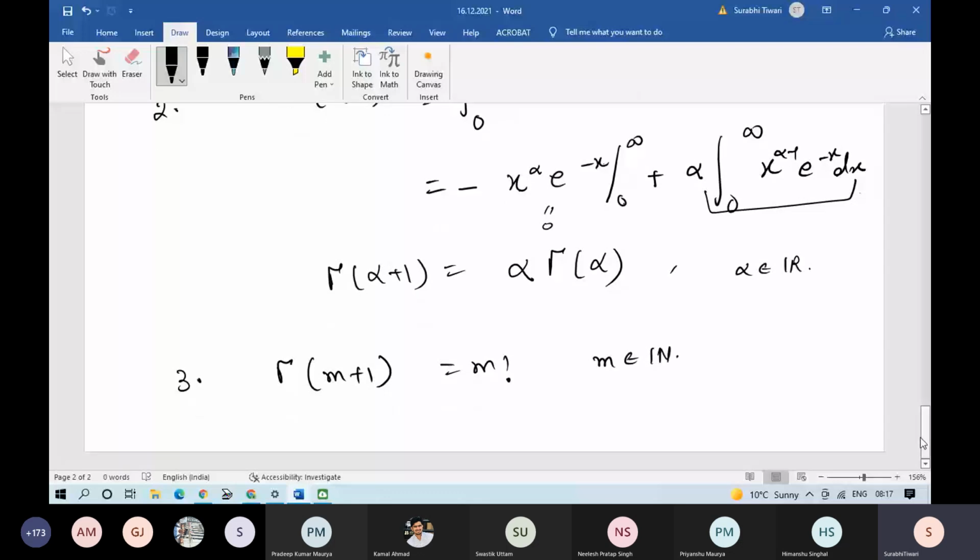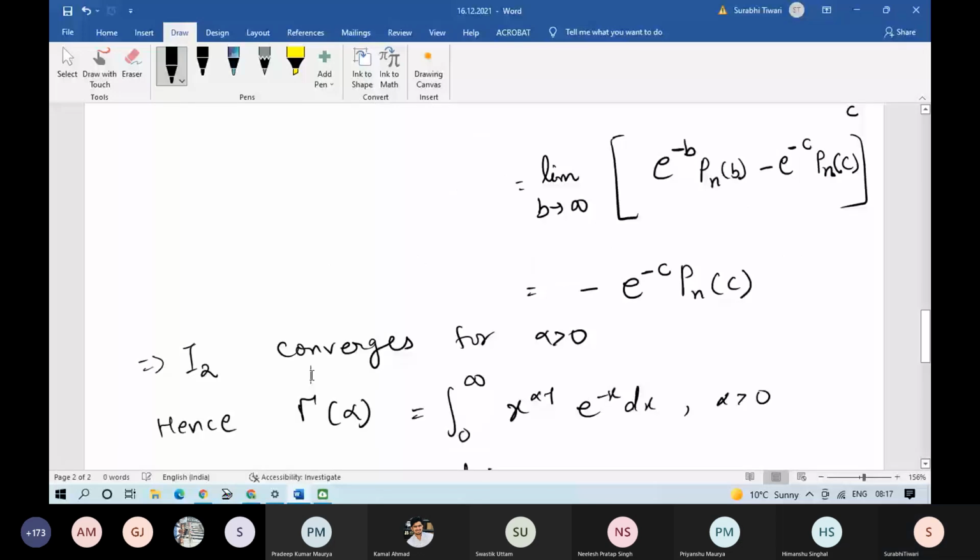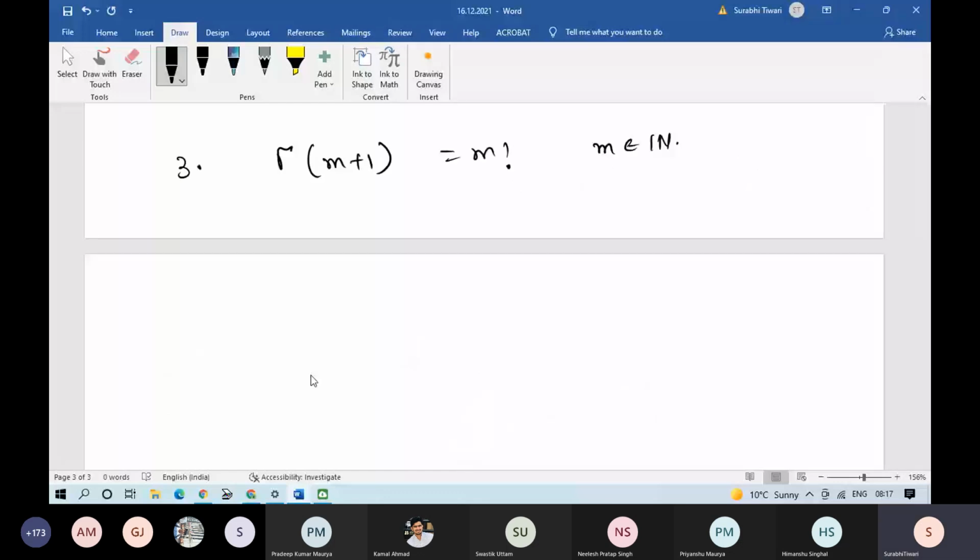Now, let us check this. Now, what is gamma m plus 1? This will be m times, by the identity number 2, this will be m gamma m.